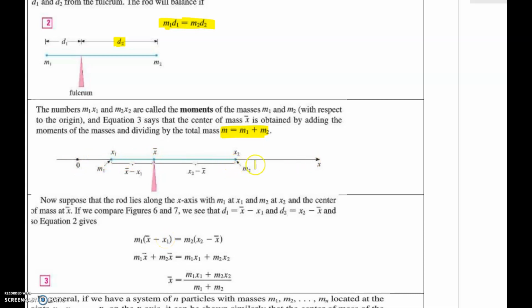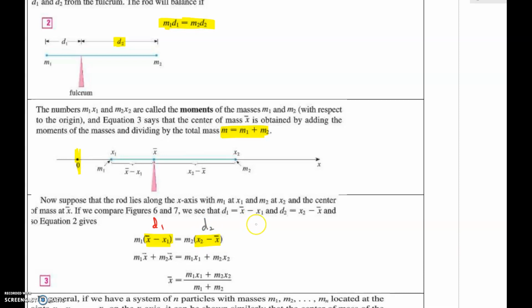On the other side, it's M2 multiplied by x2 minus x bar, because we are measuring the distance from the origin. So x2 minus x bar will be your D2. This distance here is D1, and this distance, x2 minus x bar, is D2. So M1 D1 equals M2 D2.